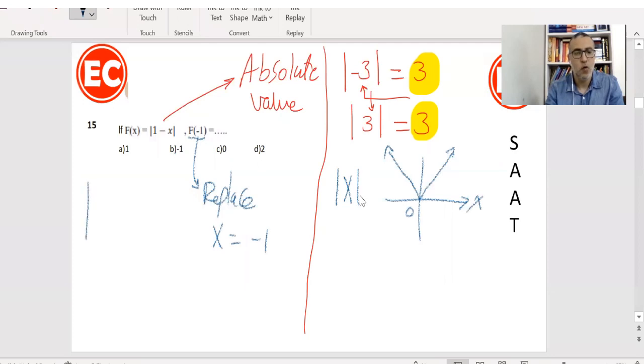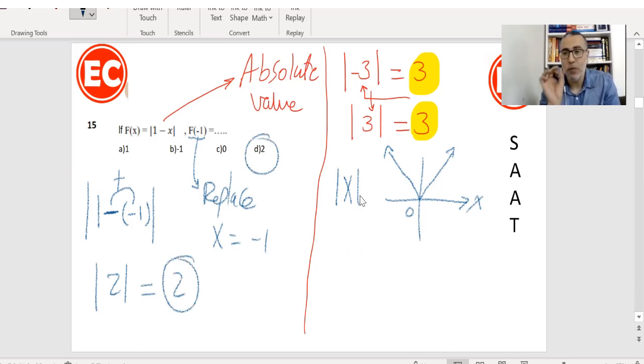So 1 minus (-1), and I insist on putting brackets here so you do not make a silly mistake by writing 1 minus 1. Negative by negative is positive, and 1 plus 1 is 2. And of course, the absolute value of 2 is 2. This is a small thing about the absolute value: what the graph of the absolute value is, what the function and its value are, and how to find f of -1.